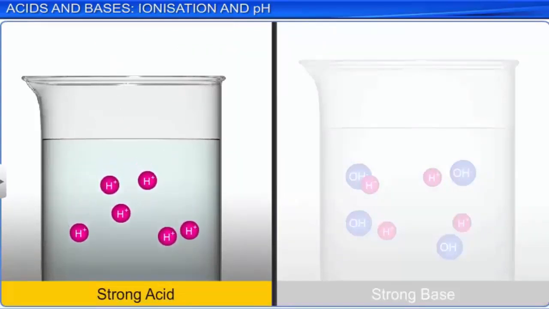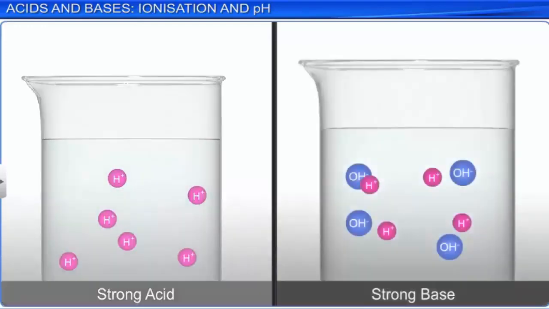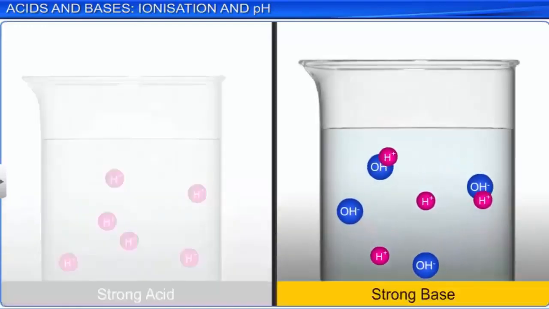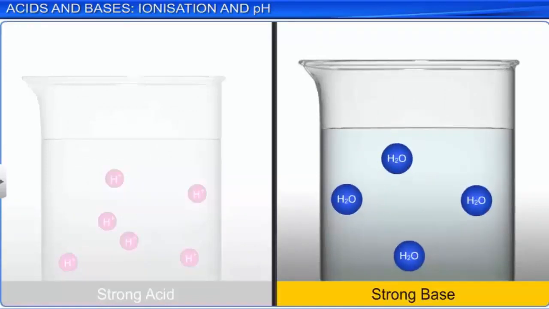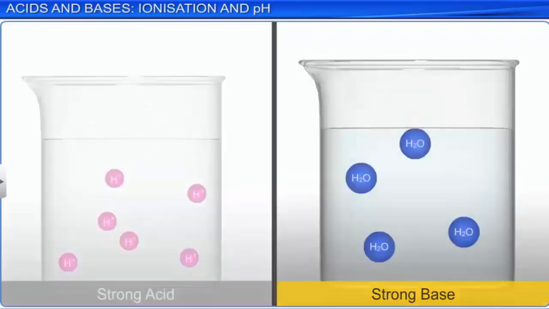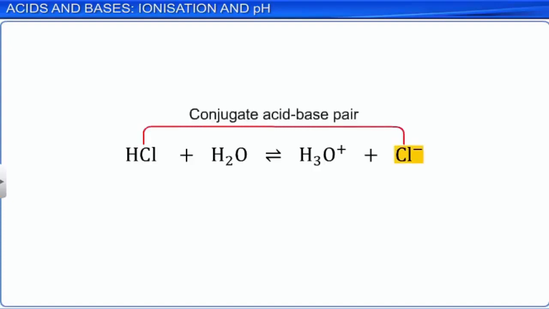Similarly, the higher the tendency of a base to accept protons, the stronger it is. To understand the statement better, consider the ionization of HCl in water. You can see from the equation that Cl- is the conjugate base of HCl and H3O+ is the conjugate acid of the base H2O.